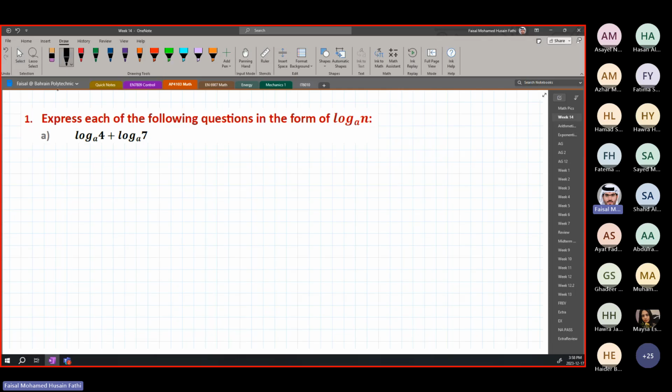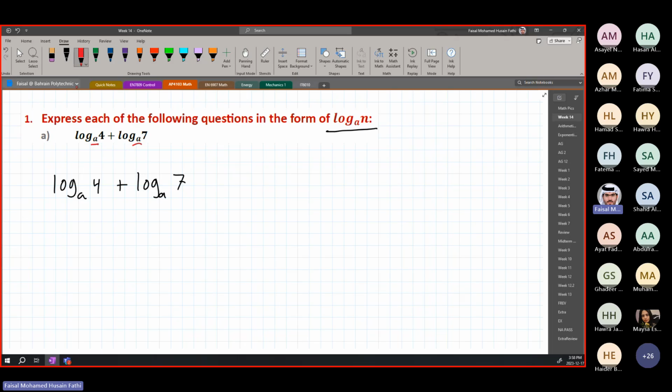So the question says express each of the following in the form of log base a of n. Meaning they want us to write it in one expression only. First thing we check is the base. Are they the same base? Yes. Log base a of 4 plus log base a of 7.